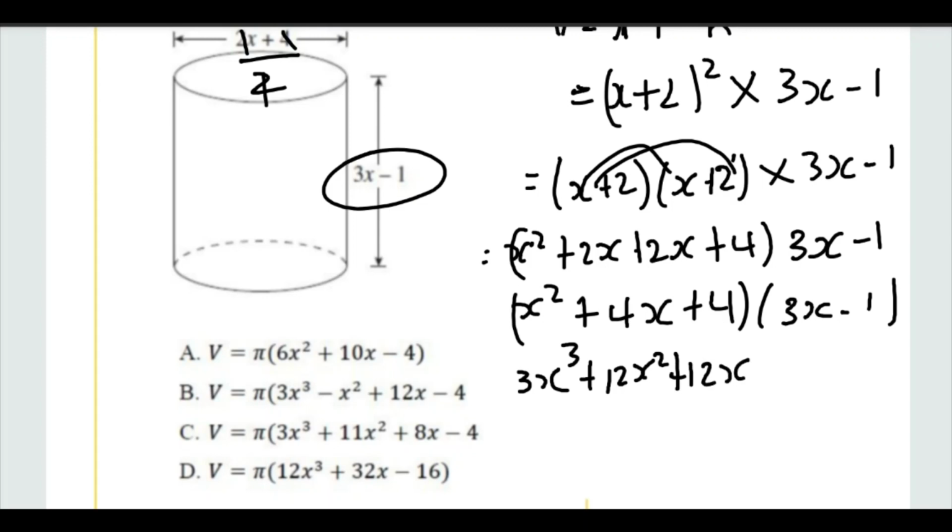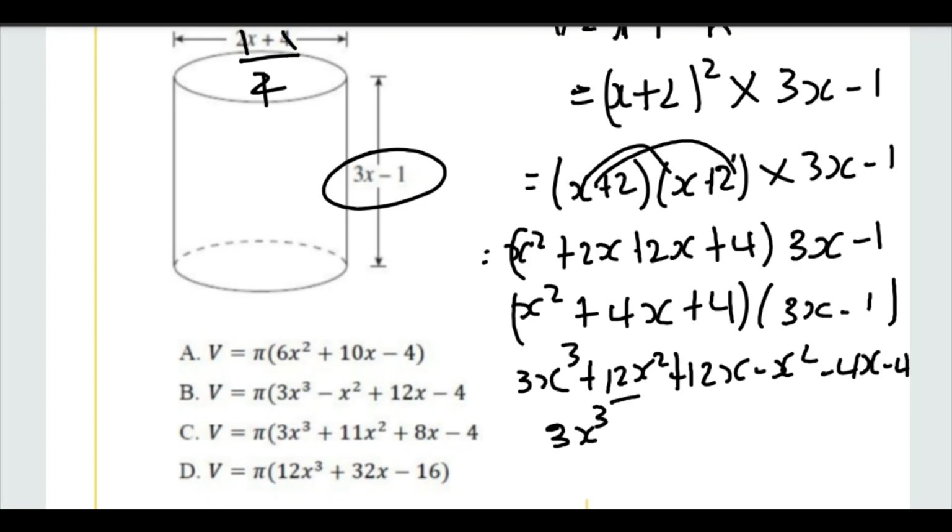Negative 1 times x squared will give you minus x squared. Negative 1 times 4x will give you negative 4x. Negative 1 times 4 will give you negative 4. And then we group the like terms. So we now have 3x cubed.